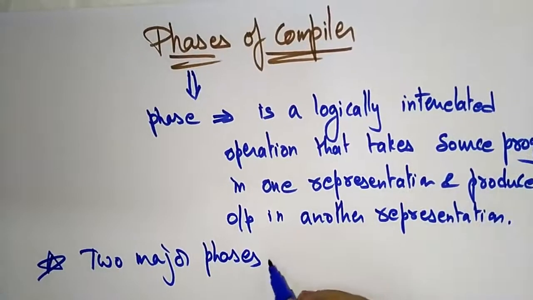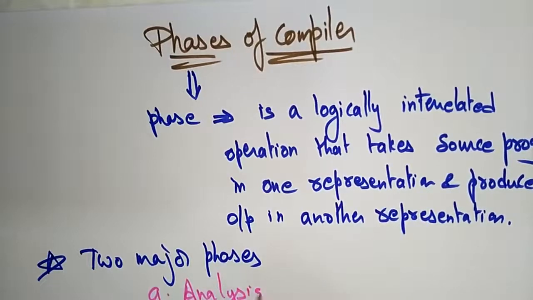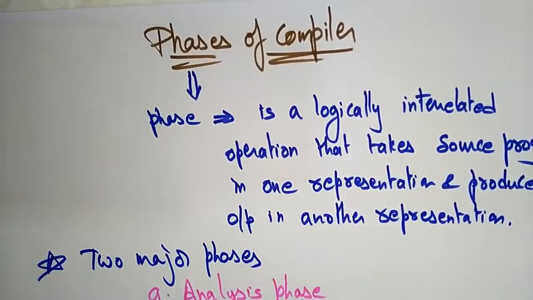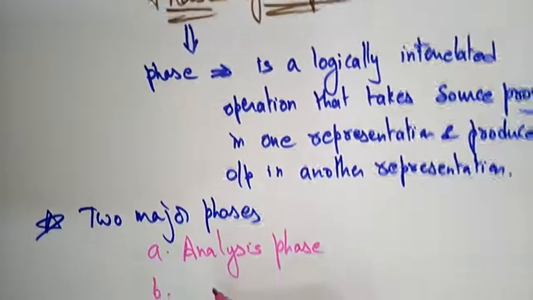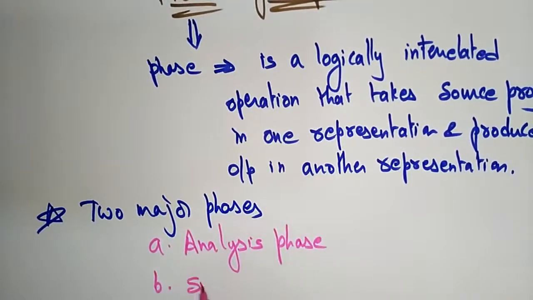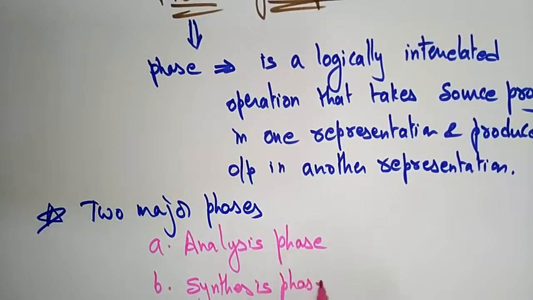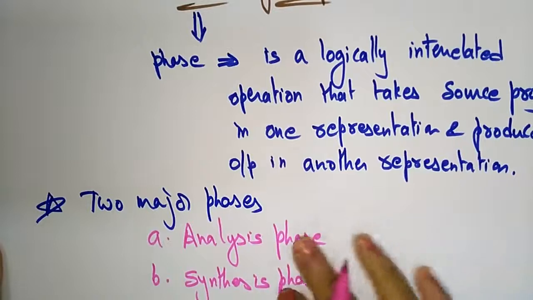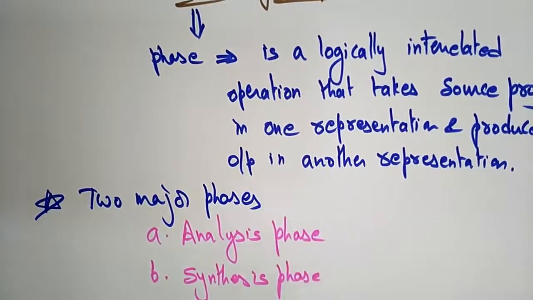So what are those two major phases of compilation? One is the analysis phase, and the other is the synthesis phase. The total compilation process is divided into the analysis phase and the synthesis phase.